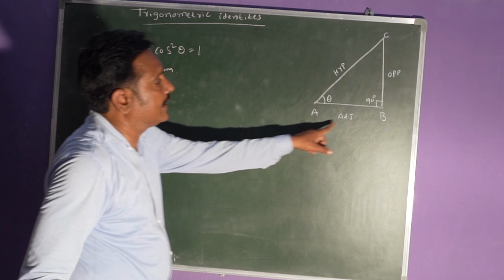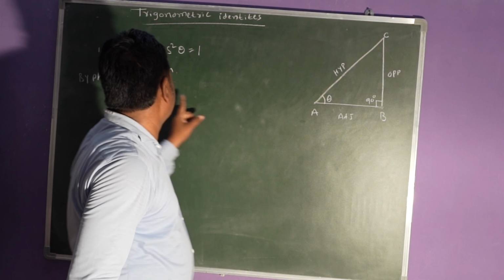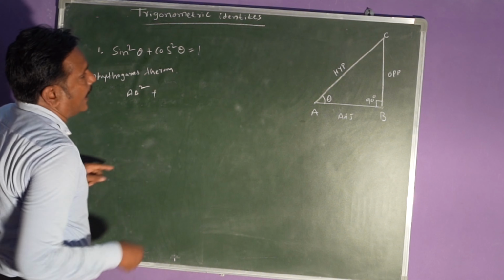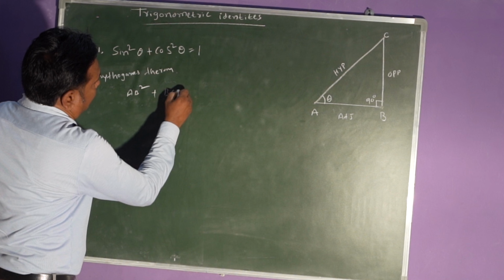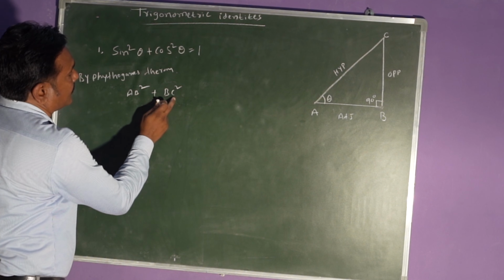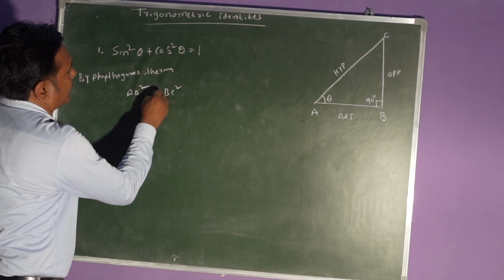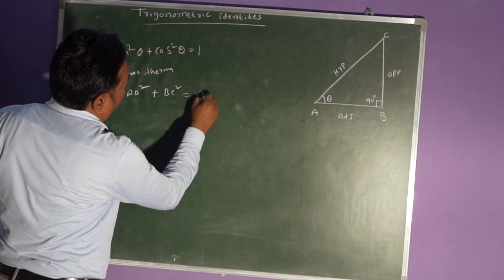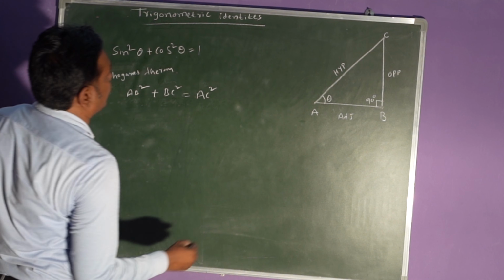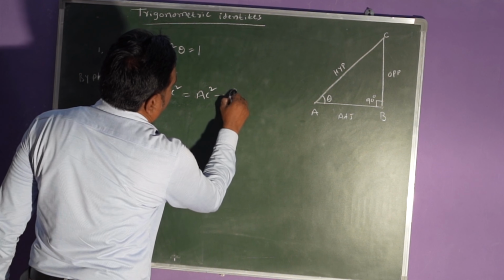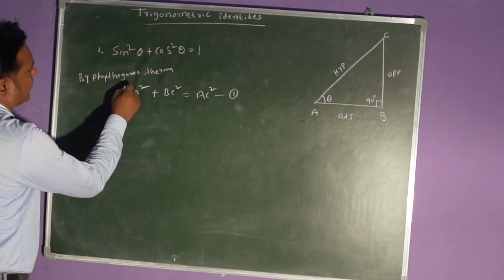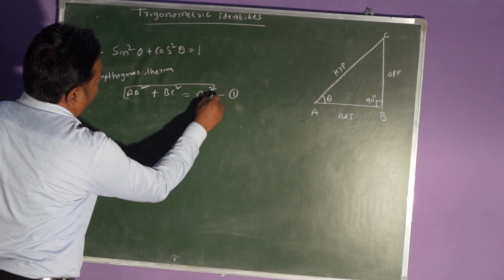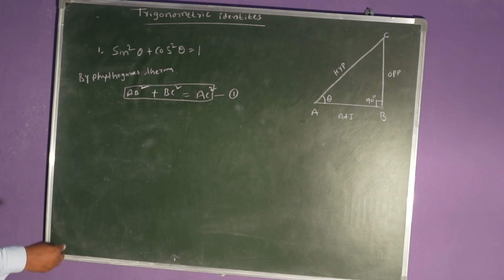One side is AB, so AB square, plus another side is BC, BC square, is equal to the hypotenuse square, which means AC square. This is equation number 1.